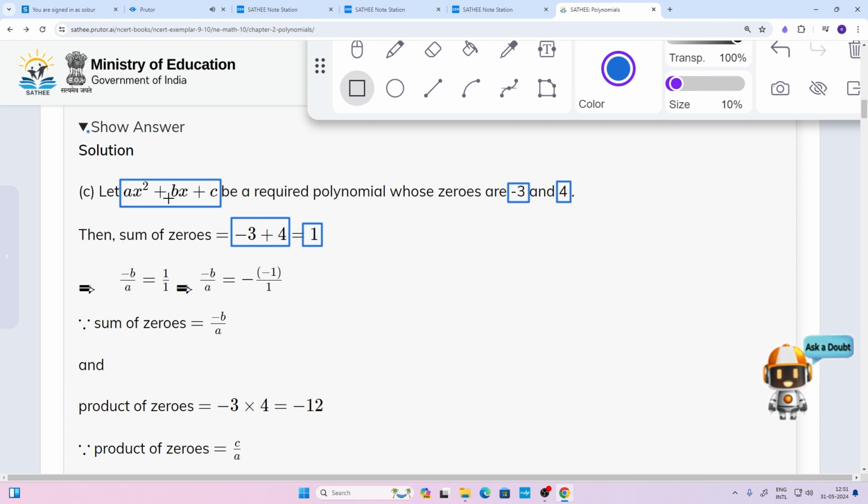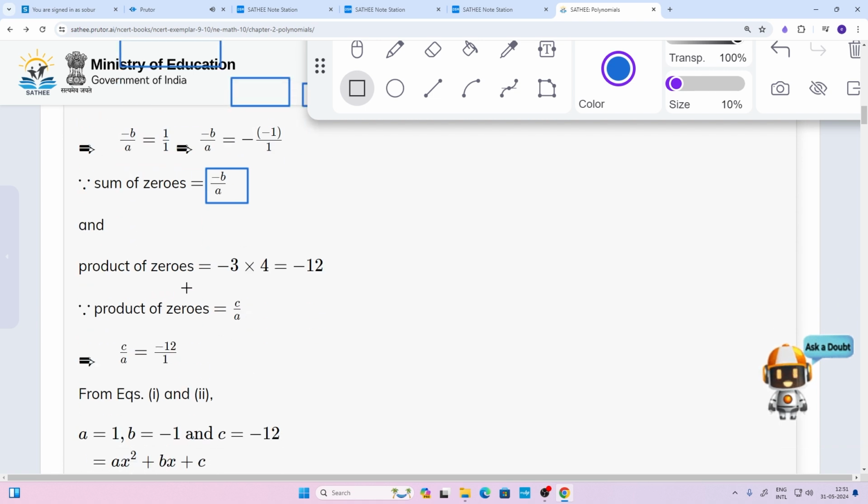So minus b upon a is equal to 1 by 1, and we can write this as minus b upon a equal to minus of minus 1 by 1.